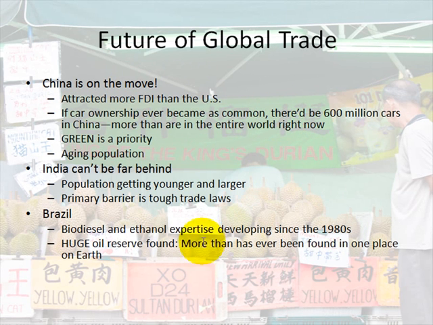Okay, now let's talk a little bit about the future of global trade. China's on the move. Within recent times, it's attracted way more foreign direct investment. And I know we didn't talk in depth about foreign direct investment, but remember on that slide where it had the continuum? I'm going to go back to that slide real quick.